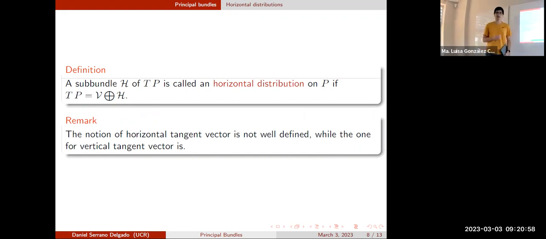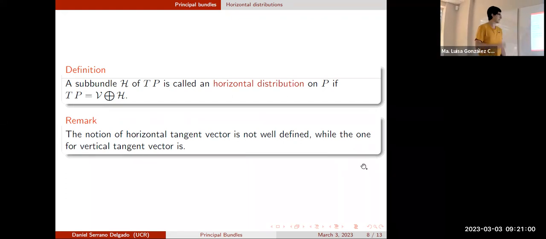The vertical is. So, as it's stated here, we'll have that the vertical equals the kernel of the projection differential, and a horizontal distribution.